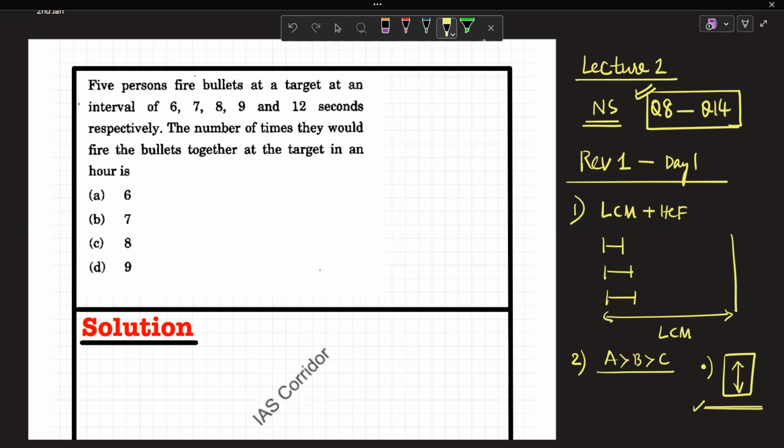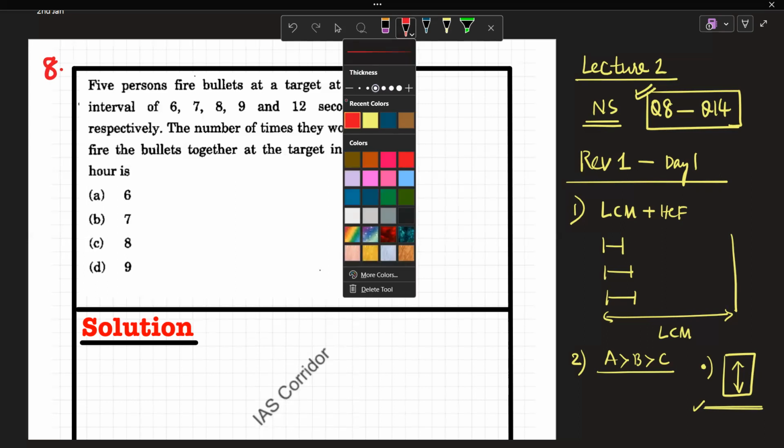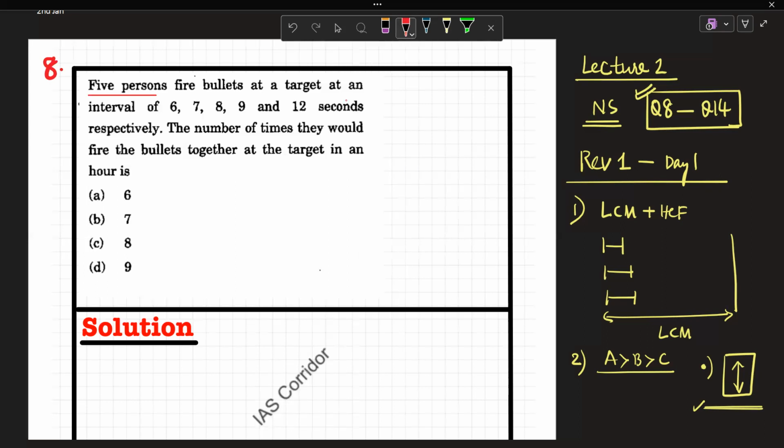Do keep a note of all these tricks so that you can use them in the exam. Now, coming to today's lecture, we will begin with question number 8. In question number 8, we have 5 persons firing bullets at a target at intervals of 6, 7, 8, 9, 12 seconds.